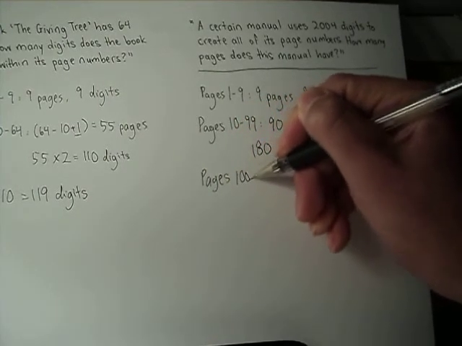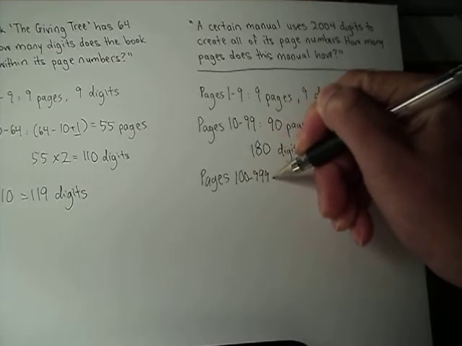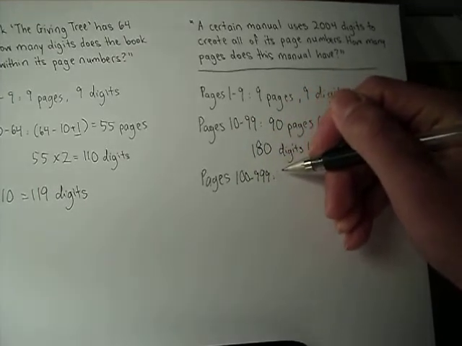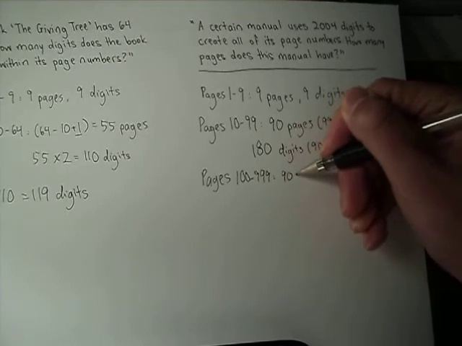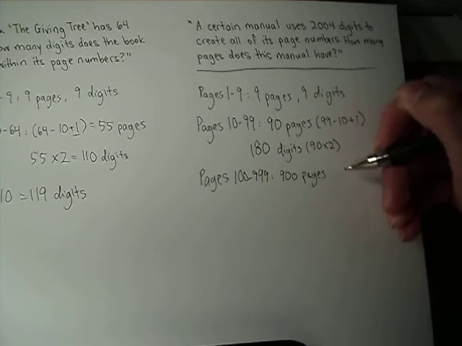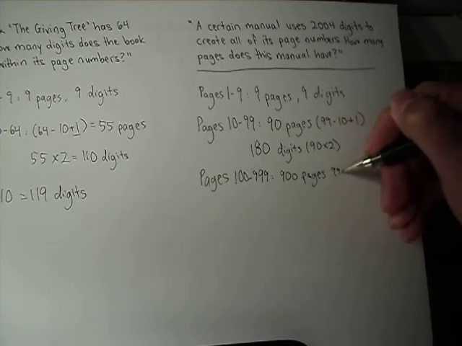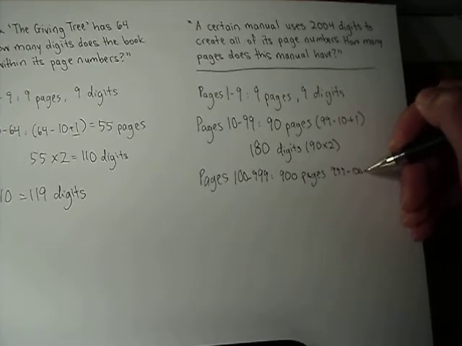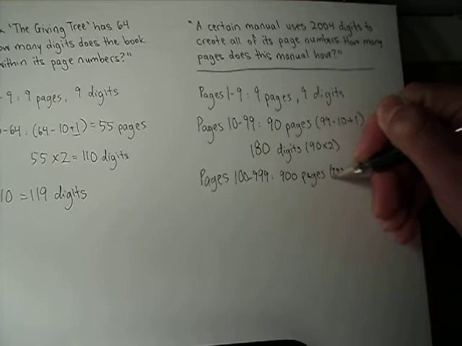So pages 100 to 999 of a 999-page book would have 900 pages, because 999 minus 100 plus 1 equals 900.